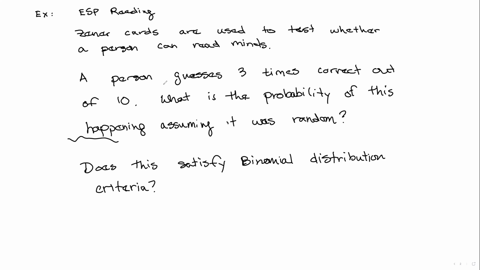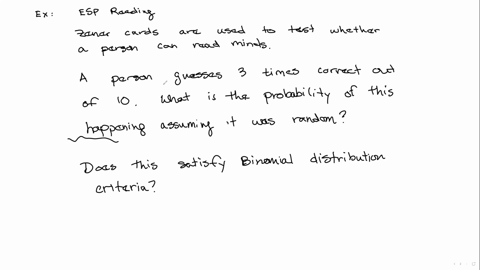But if you determine that 3 times correct out of 10 is a really rare outcome, that's actually quite difficult to do, then that's totally different. That would imply that the person does actually have magical powers. So knowing the probability of getting a result is really important for testing, at least in this case, whether the person actually has the powers or not.